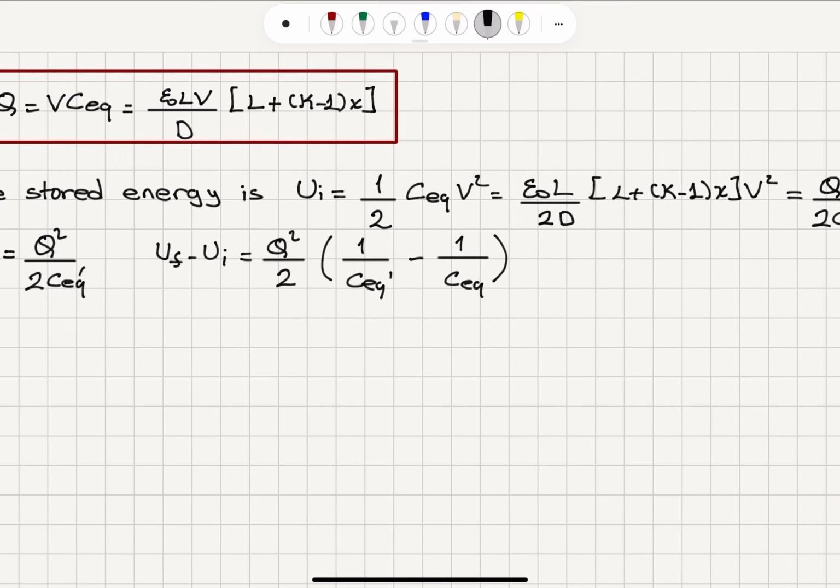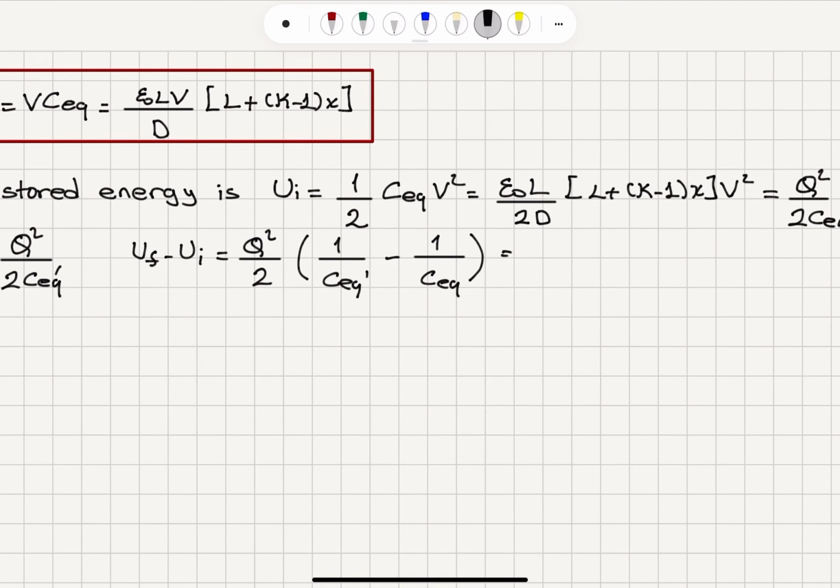So this will be equal to, because for Q I can substitute C equivalent times V, it's going to be V squared C equivalent squared, that's Q squared over 2, then I will have (C equivalent minus C equivalent prime) over (C equivalent times C equivalent prime).